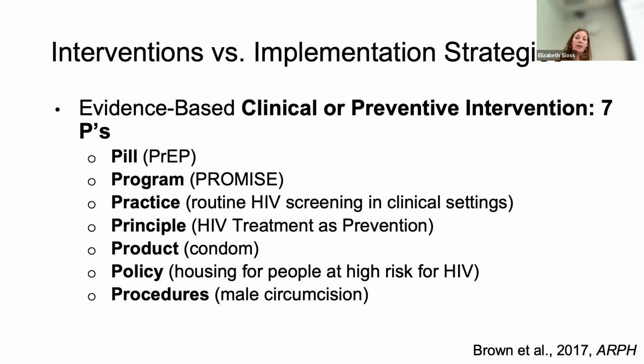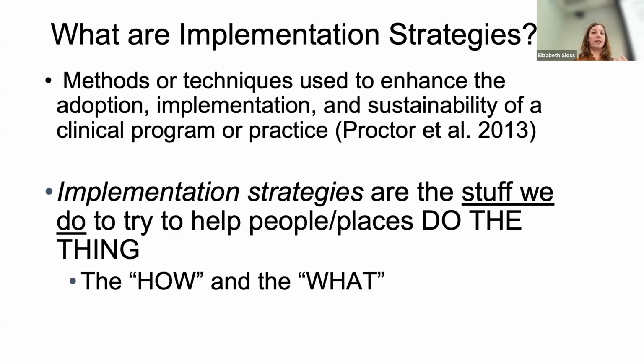We also want to think about evidence related to our implementation strategies. So if this is our intervention, how are strategies different? Or really, what are implementation strategies? Implementation strategies are the methods or techniques used to enhance the adoption, implementation, and sustainability of a clinical program or practice.